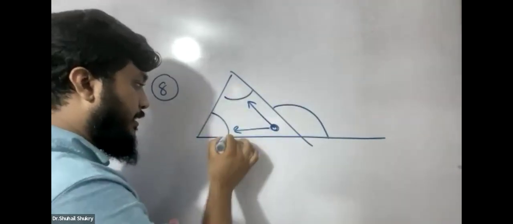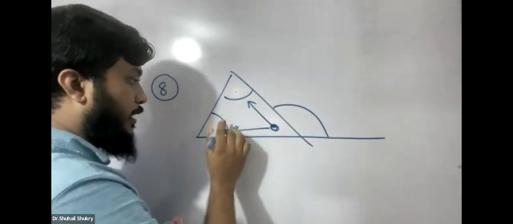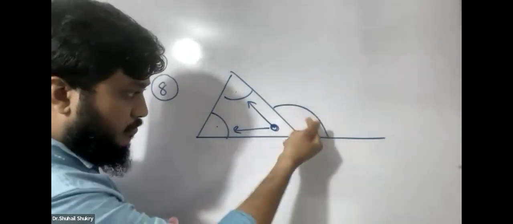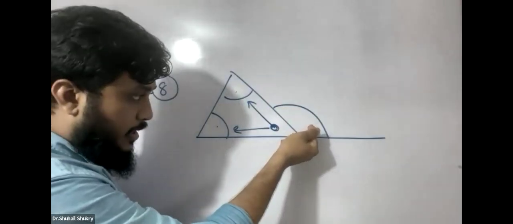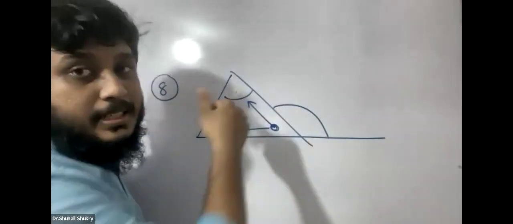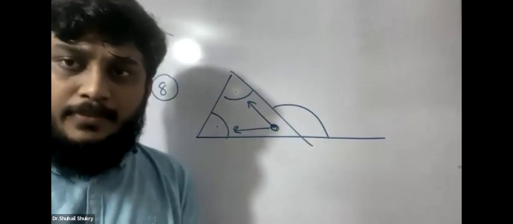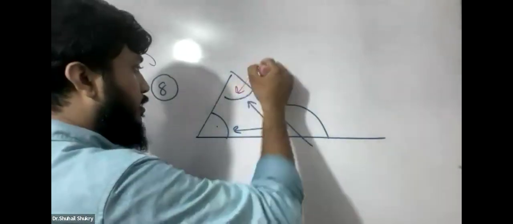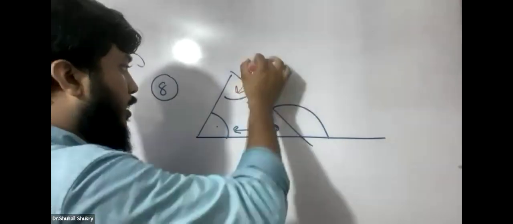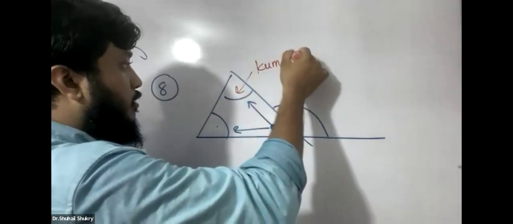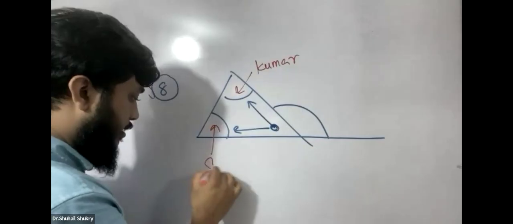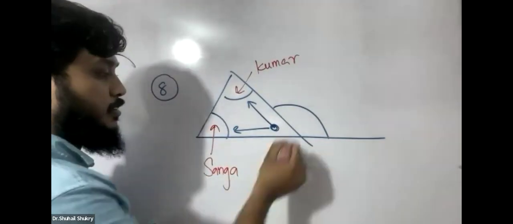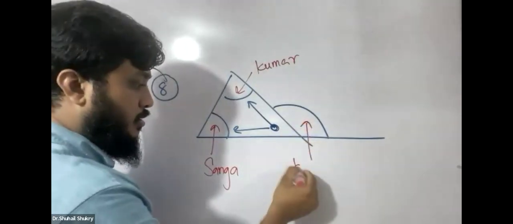It means this angle and this angle. If you add these two angles, it will give the outer angle on this side. It means the exterior angle is equal to its interior two opposite angles addition. For an example, if I call this one Kumar and this one Sangha, what is the answer for this?